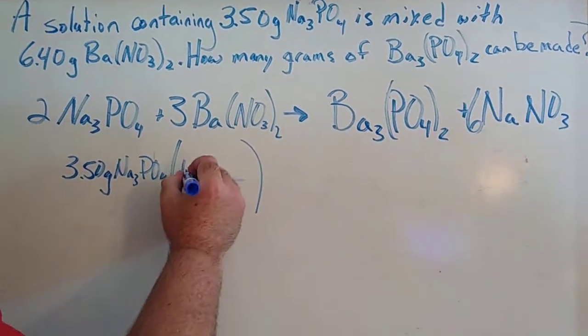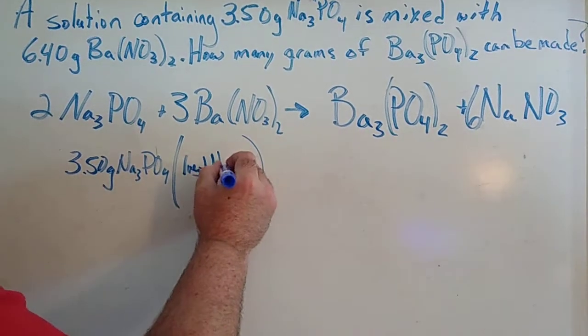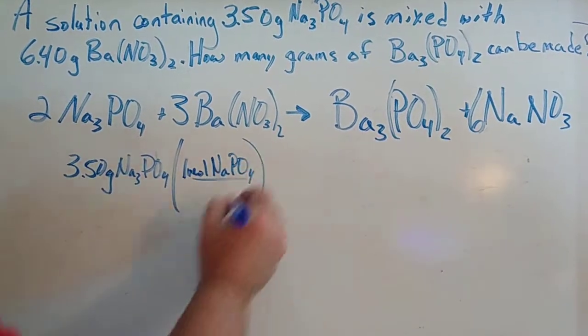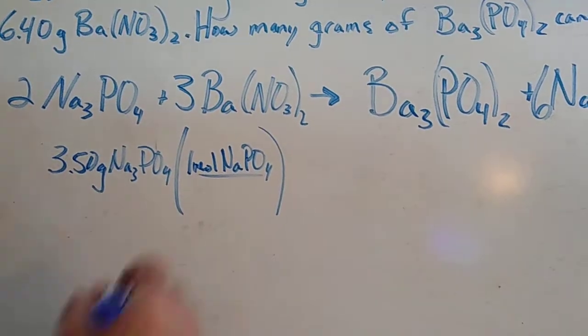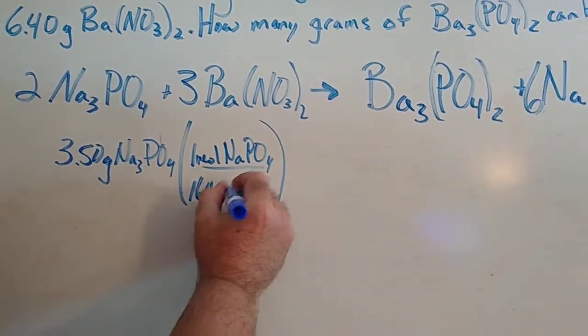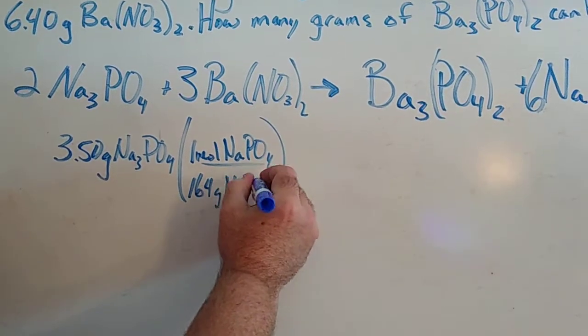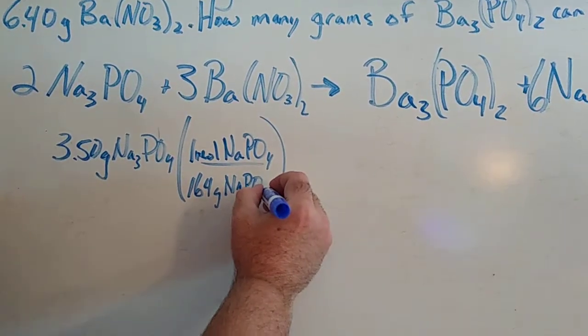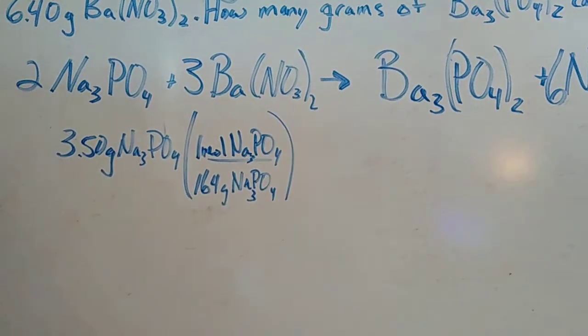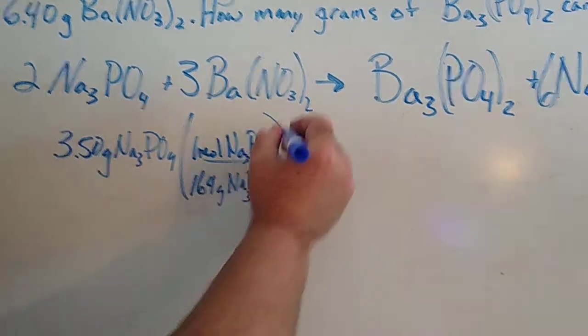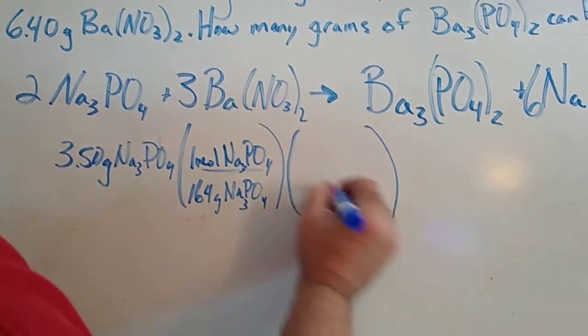So we know that 1 mole of sodium phosphate is 164 grams of sodium phosphate. Put my 3 there, get my in the right spot. I can then do my mole conversion.